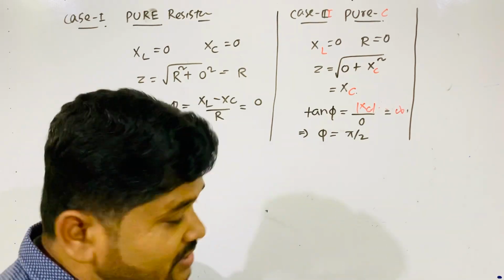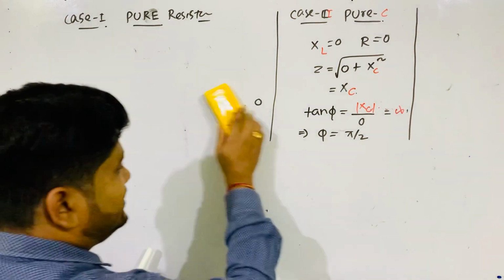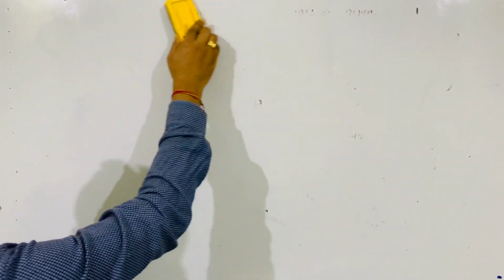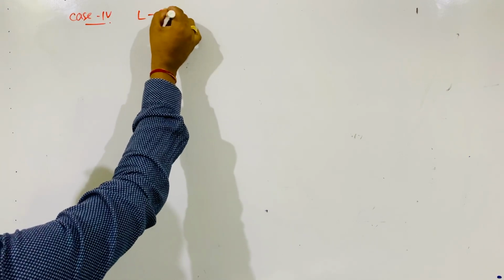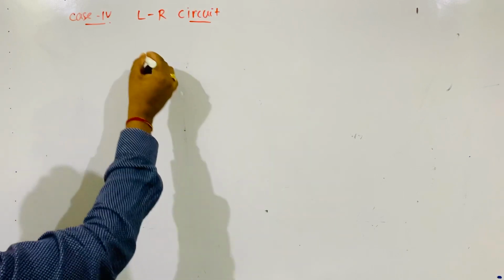So this is about the pure circuits. Now we come to when two circuit elements will be there. Now come to case 4. Suppose an LR circuit. In an LR circuit, what happens?